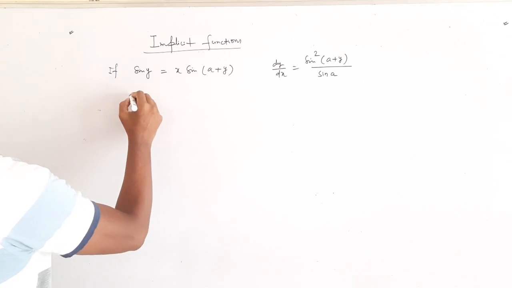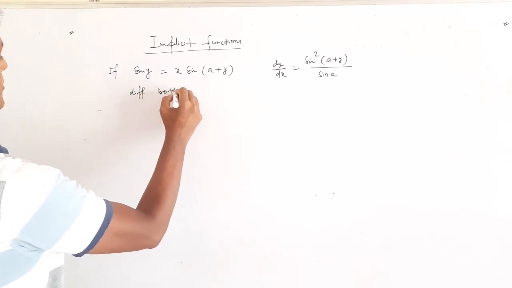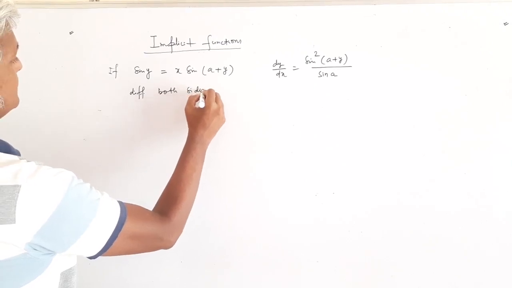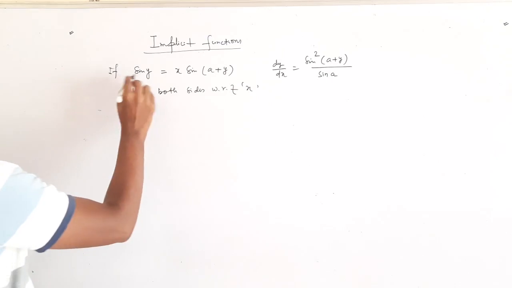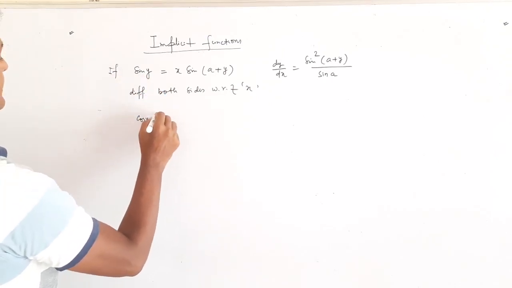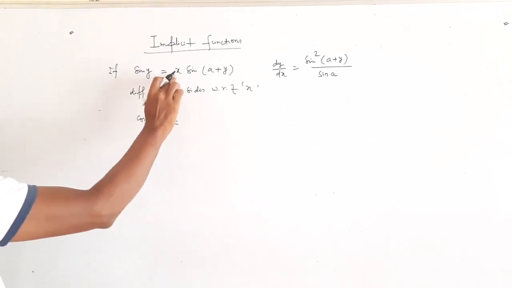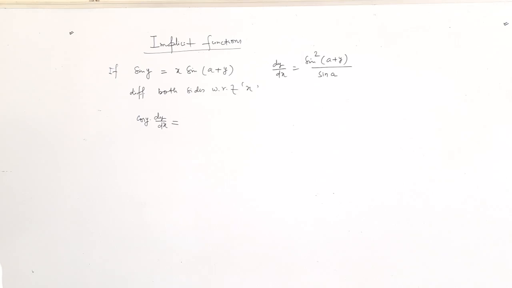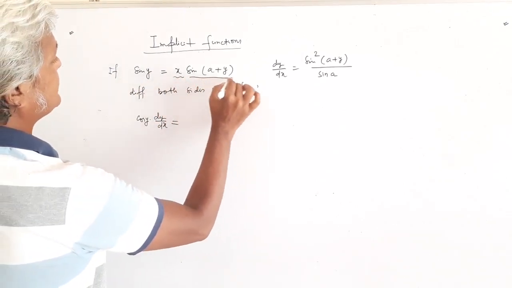So we'll start by differentiating both sides with respect to x. Then sin y will become cos y dy/dx. This x sin(a + y) is a product of two functions, this is u and this is v.